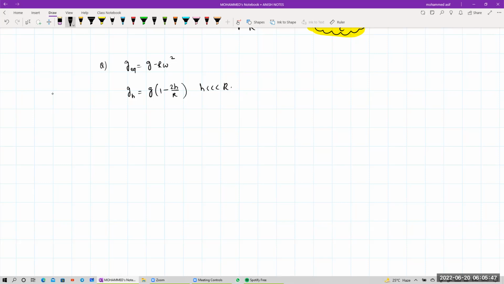Question చదువు ఒకసారి. What is the data given? You know, this is the value of g at equator and this is the value at a certain height. What is the given condition in the problem? h is much lesser than R కాబట్టి ఈ formula యూస్ చేశాను నేను. How do you solve this problem now?